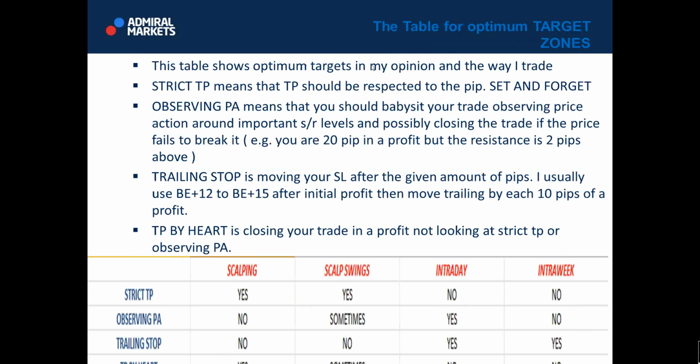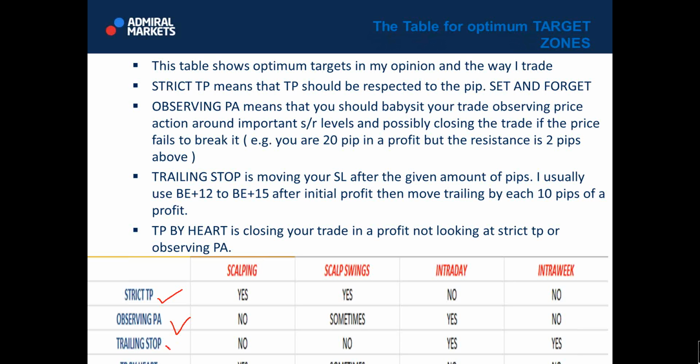Okay? And this is the table for optimum target zones. Now pay attention to the table. If you are scalping, you need to use a strict target price. You definitely do not need to observe price action because scalping can be achieved with indicators.